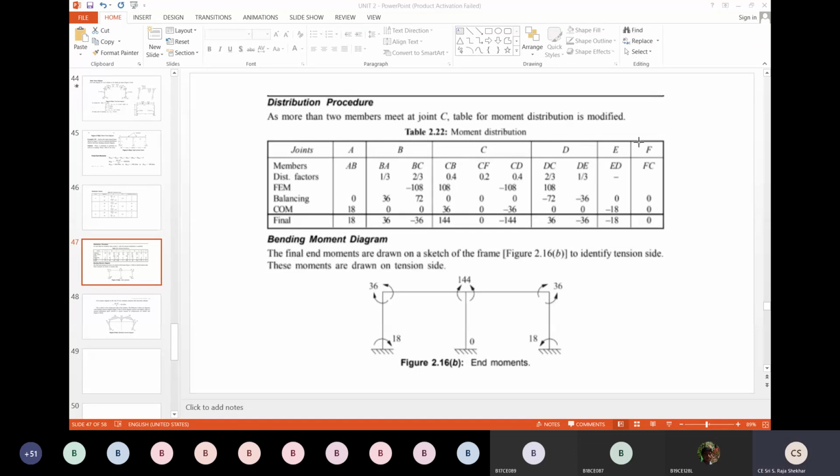Yes, this is the BMD due to the applied uniformly distributed load of 36 kN/m. This is the load. So this is the variation of the bending moment diagram due to the applied load. This is the variation of the bending moment diagram due to end moments. Now we need to calculate the net bending moment diagram.